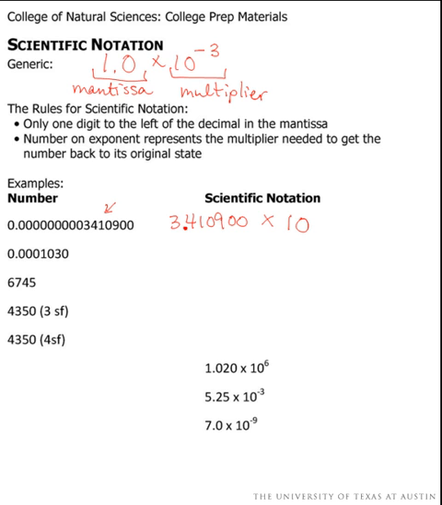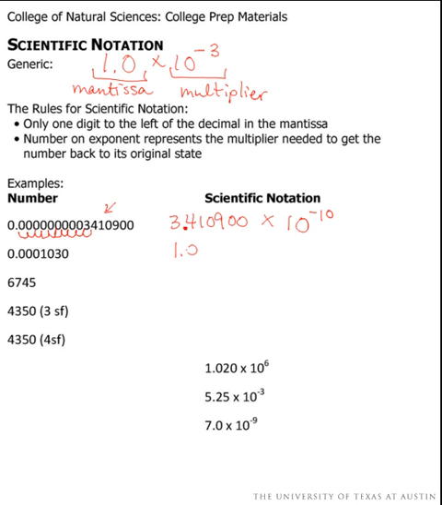I have base 10 raised to whatever power is necessary to get this scientific notation value back to the original value. So let's see, 1, 2, 3, 4, 5, 6, 7, 8, 9, 10. Raised to the 10, but I notice that I have to take that 3.4 and divide it by 10. To divide by 10, I have a negative exponent.